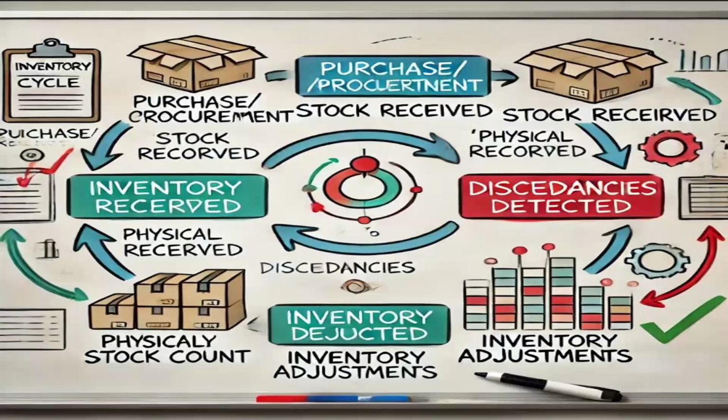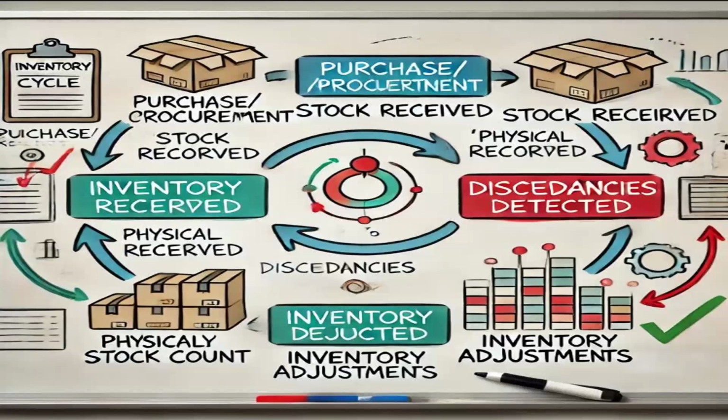Now, when we talk about inventory adjustments, I'm basically talking about those discrepancies between your physical stock and your system records. The reason is that discrepancies between your physical stock and your system records can arise for various reasons.